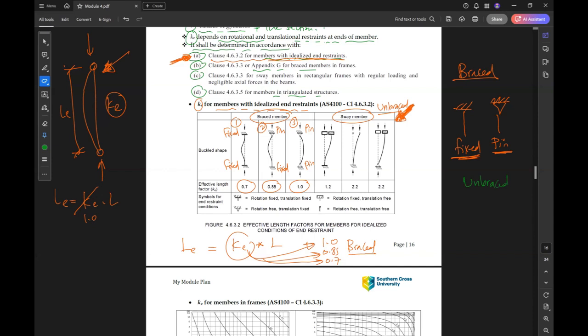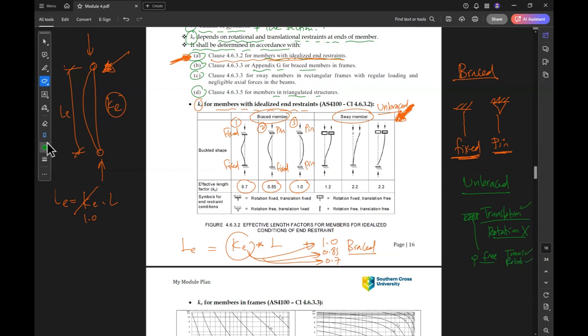For unbraced columns, we might have two new supports: one allowing for translation or movement but preventing rotation, or another one called free. Free means it allows for translation and rotation.